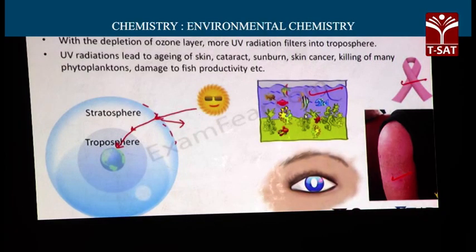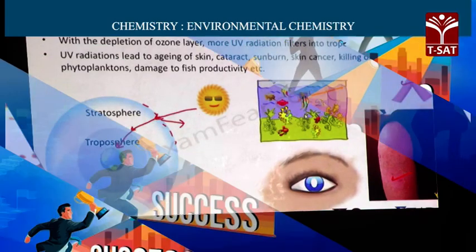If it falls on the eyes, it causes cataract; it causes sunburns and leads to skin cancer. UV rays also fall directly on aquatic animals and damage fish productivity. So the ozone layer should be protected forever.